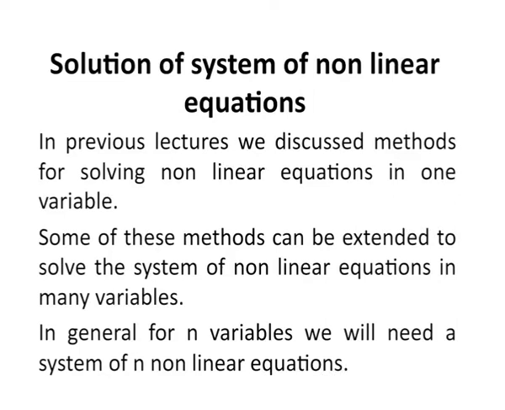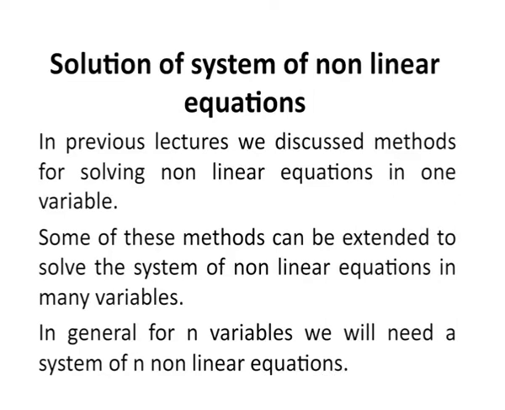So, if you have n variables, you will need n nonlinear equations to get a solution. That means, you need a system of n nonlinear equations to find the solution for the n unknowns. However, to demonstrate the method, we will restrict ourselves only to nonlinear equations in two variables.